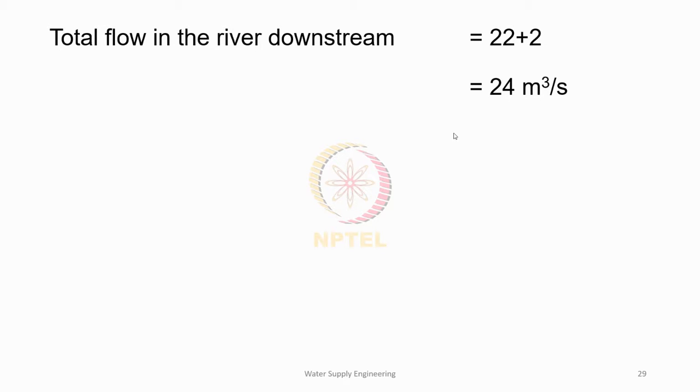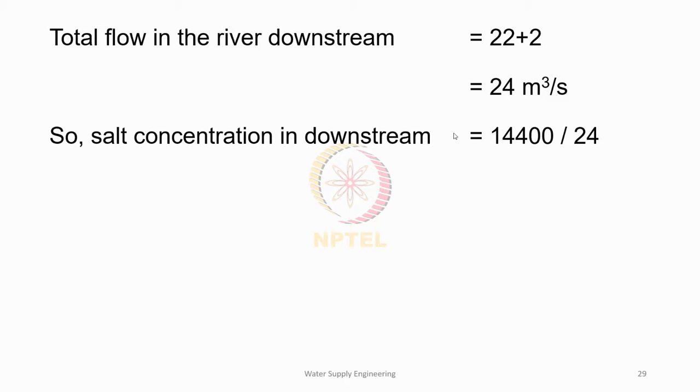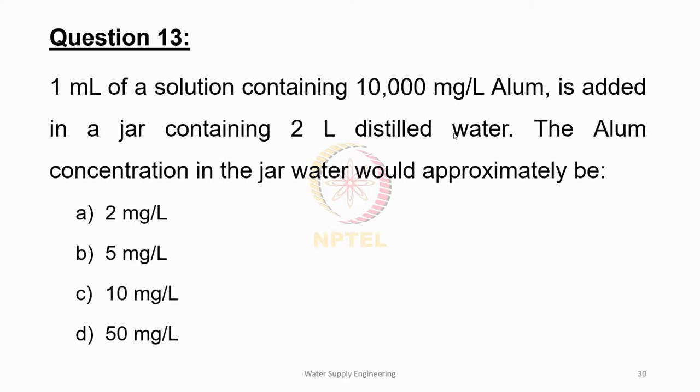We have total salt and total flow, so the salt concentration will be 14,400, that is total salt inflow, divided by total flow, that is 24 meter cube per second, which comes to 600 milligrams per liter. Hope the problem is clear to everyone. Alright, moving on to the next question.